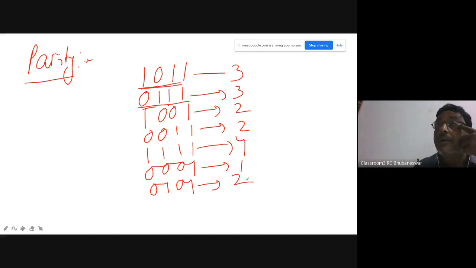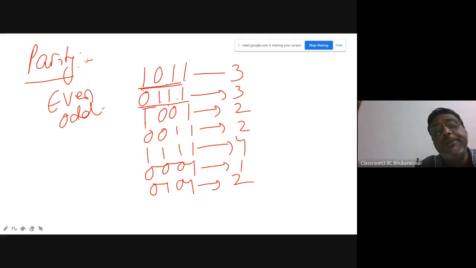So in my word, I'm taking the word length of 4 bit. So the total number of ones available in this word: here the number is 3, here 3, here 2. Understand all of you? Again, it has been divided into two parts. One is even parity, one is odd parity.